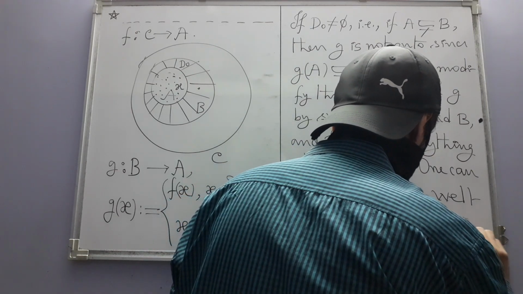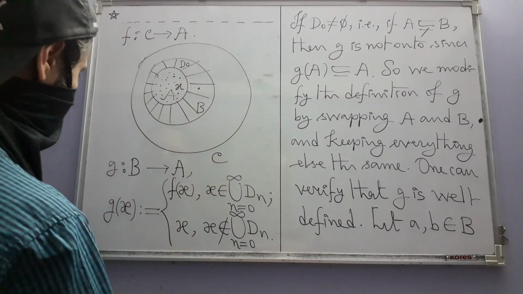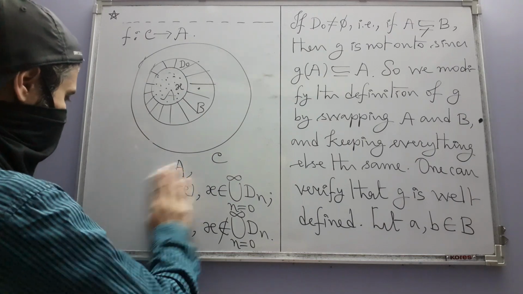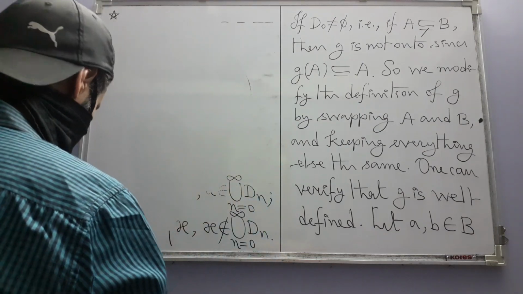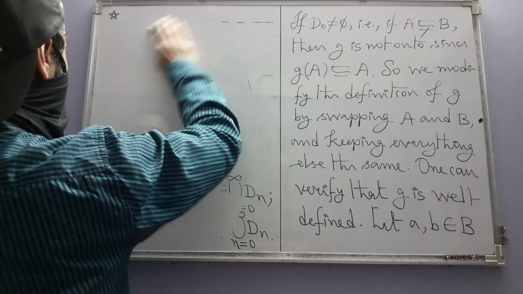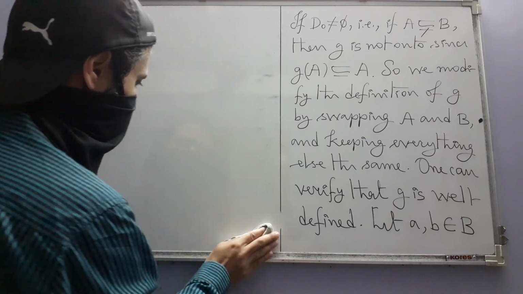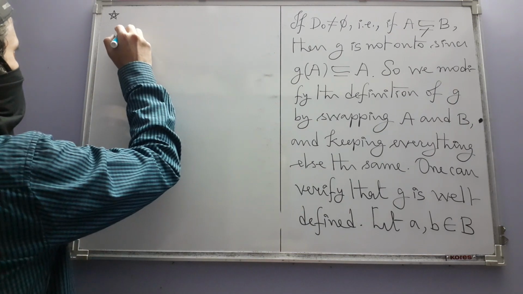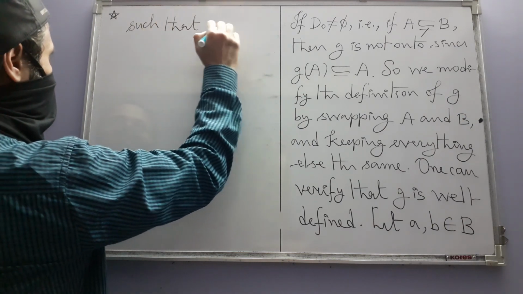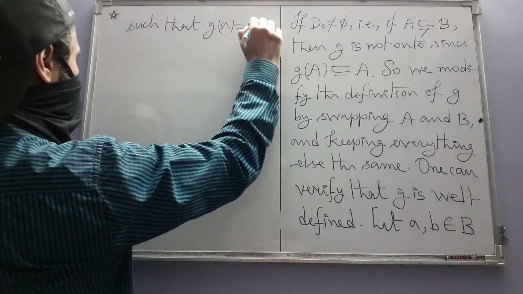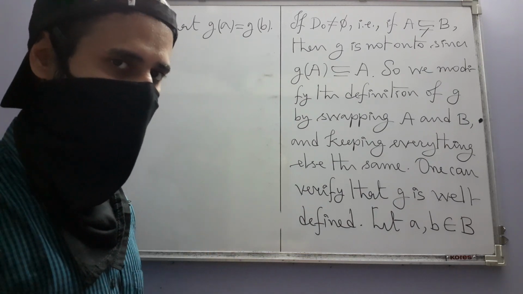Let A and B be two elements in B such that G of A is equal to G of B. To prove one-to-oneness, we have to prove that A is equal to B.